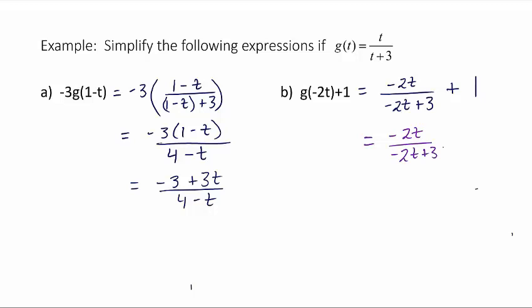In order to add two expressions, one of which is a fraction, you have to have a common denominator. So since we're adding 1, the common denominator here would be negative 2t plus 3. So negative 2t plus 3 over negative 2t plus 3 is equivalent to 1, and we have a common denominator. So we could then add those if we wanted to do this.